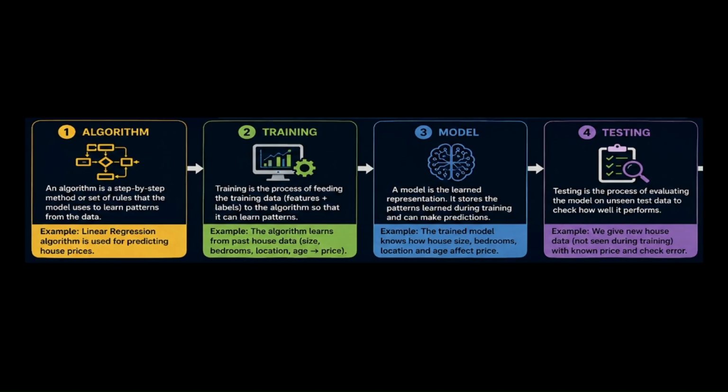For example, suppose we have details of a house that the model has never seen during training. We give its features to the trained model and ask it to predict the price. And then we can compare the predicted price with the actual price available in the test data. And this helps us understand how well the model is performing.